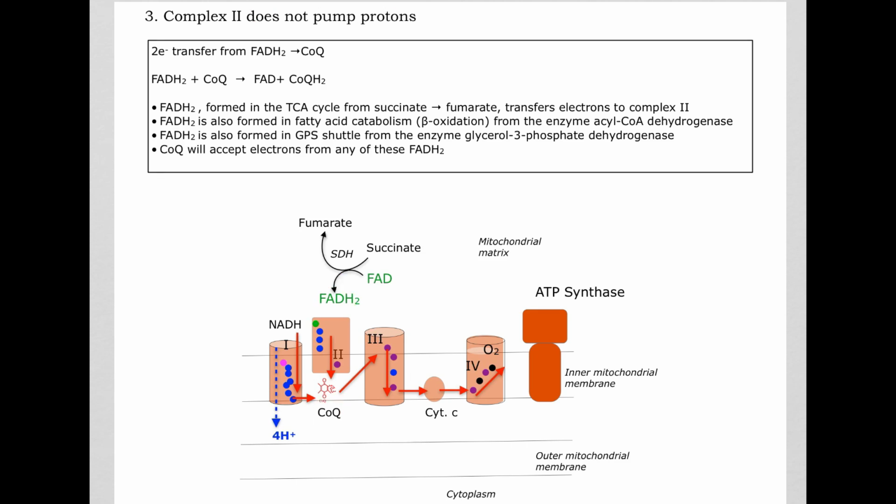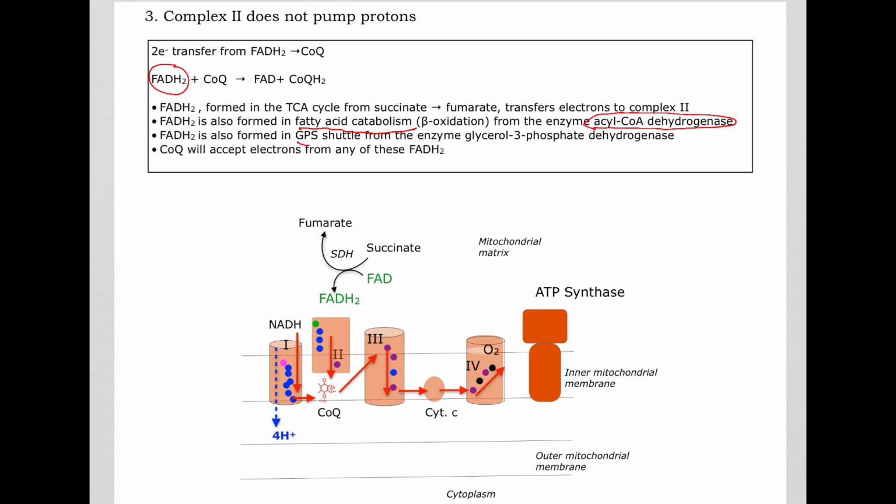We shall see in future videos that FADH2 is also formed in other metabolic reactions. For example, in beta oxidation or fatty acid catabolism, FADH2 is formed by the enzyme acyl-CoA dehydrogenase.